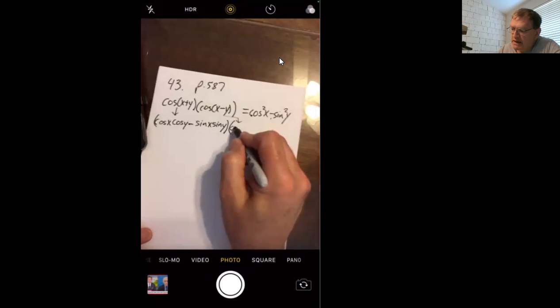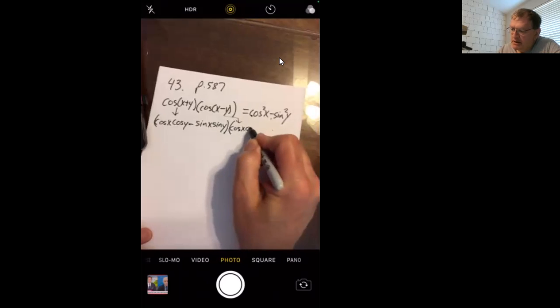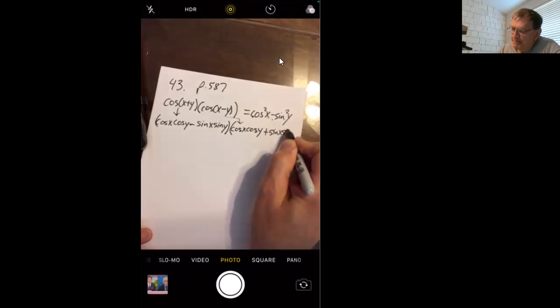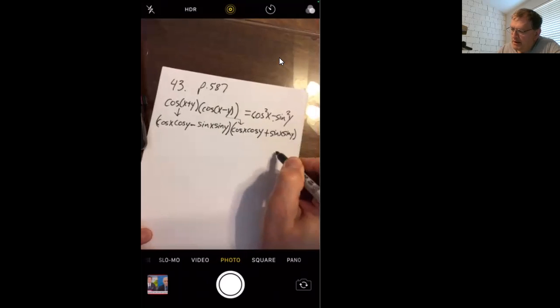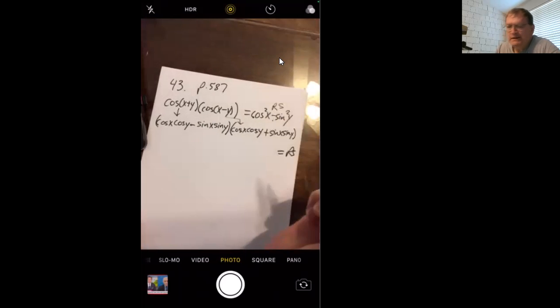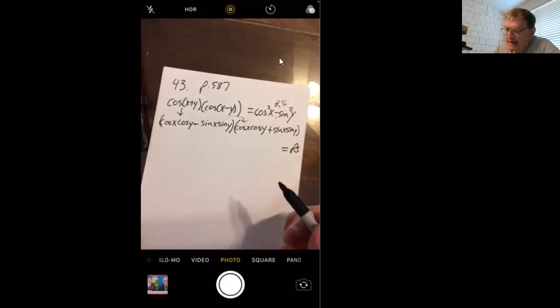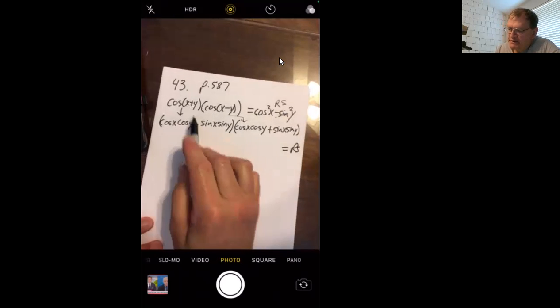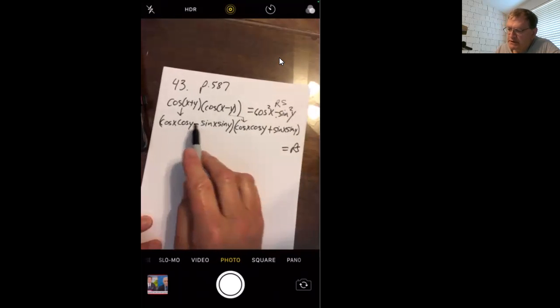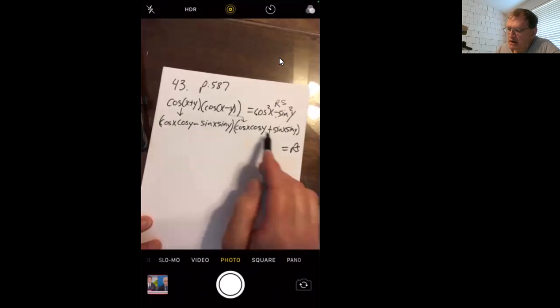That's going to be a cosine x, cosine y, and add sine x, sine y. Equals your right side. This is right side. Okay. Yeah, remember opposite signs on a cosine. We both go cosine, cosine, sine, sine, and then opposite signs in the middle.